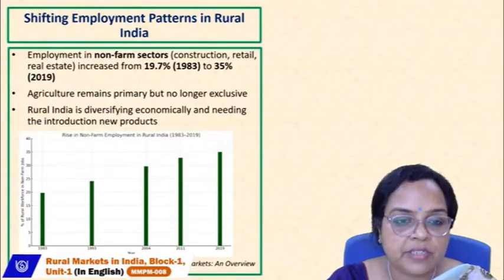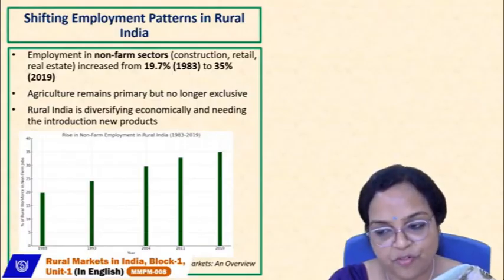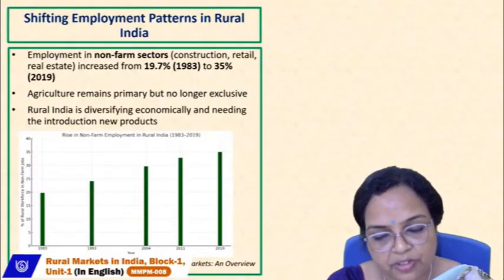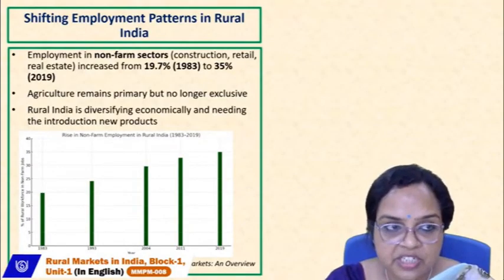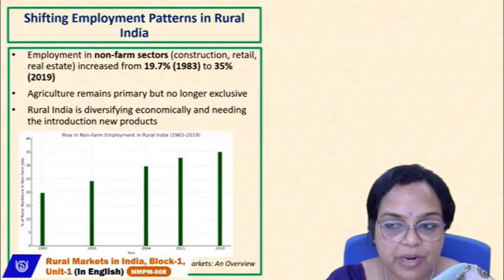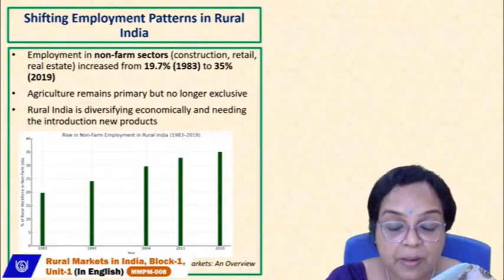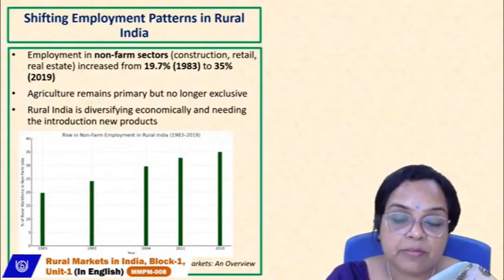Rural India is diversifying economically, needing the introduction of new products. For marketers, this point is important because people are moving into different income zones, so their income pattern is also seeing a different impact.